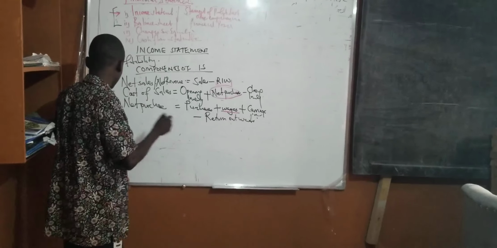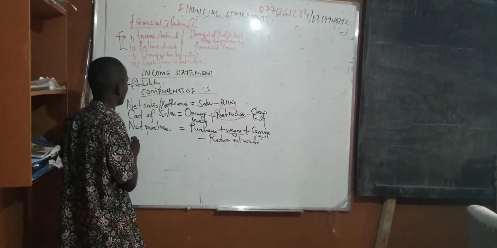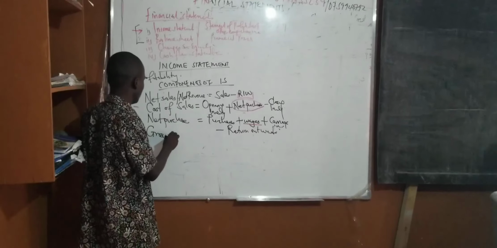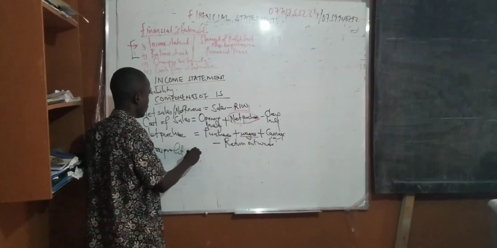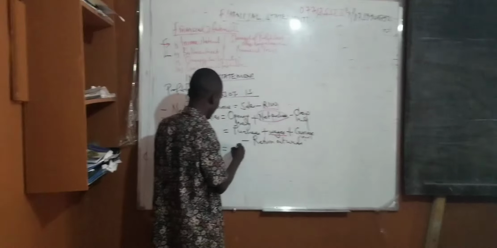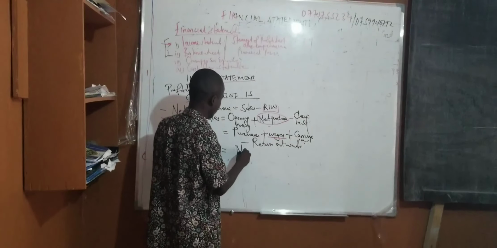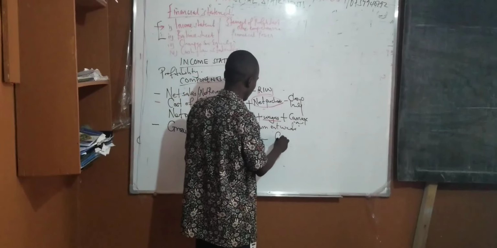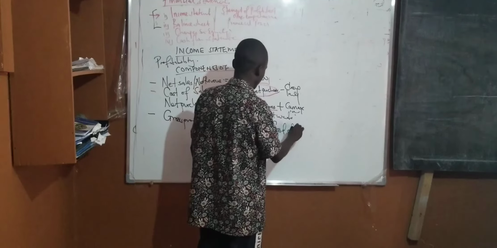Then another component of the income statement, we have the gross profit. Gross profit equals net sales minus cost of sales.